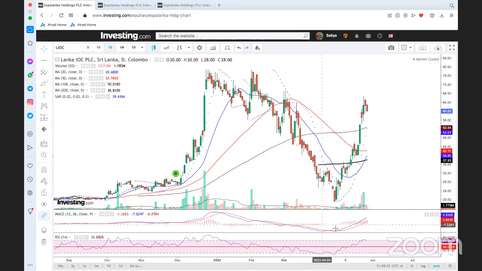At that point, we were not using the MACD or the RSI. But if you want to use, there are no hard and fast rules. You will see that even the MACD line has crossed above the signal line. The RSI has crossed above the 50-point mark, right?